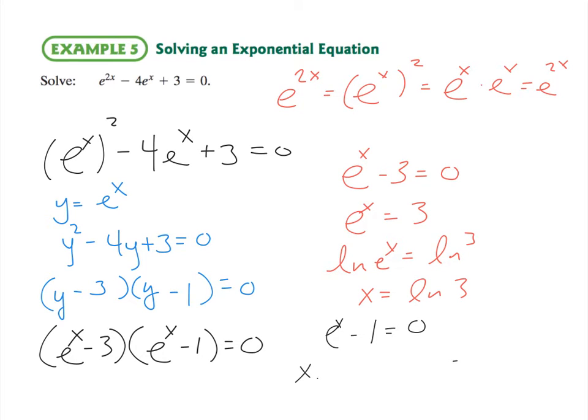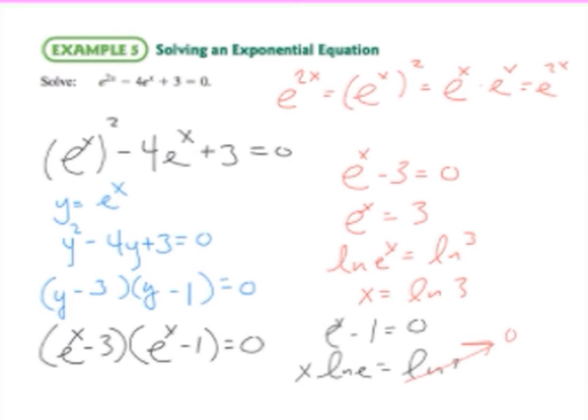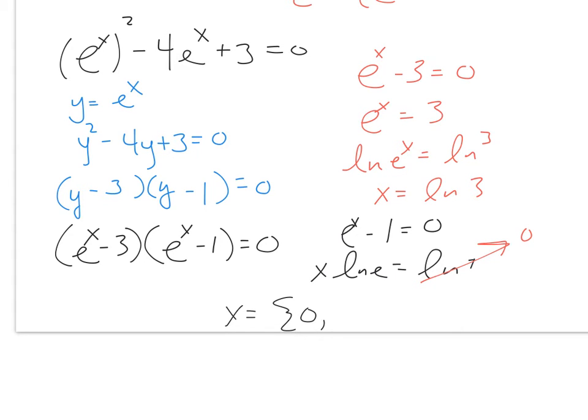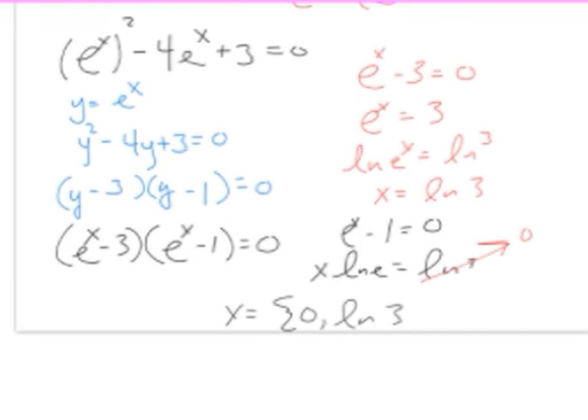So I'm going to end up with x ln e is equal to ln of 1. Well, I know the ln of 1. This is equal to 0, so here x has to be 0. So the two solutions for this problem are x is equal to 0 and the ln of 3.